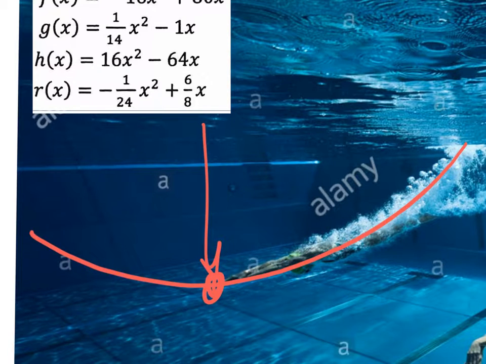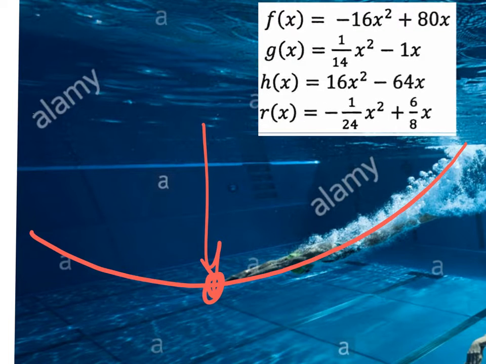Is that 2 feet, 3 feet, 4 feet? Now, in order for us to answer that, what am I really asking you for algebraically? The vertex, right? The vertex of which function? Which one was this one? G of x. So go ahead and right now find the vertex of g of x.